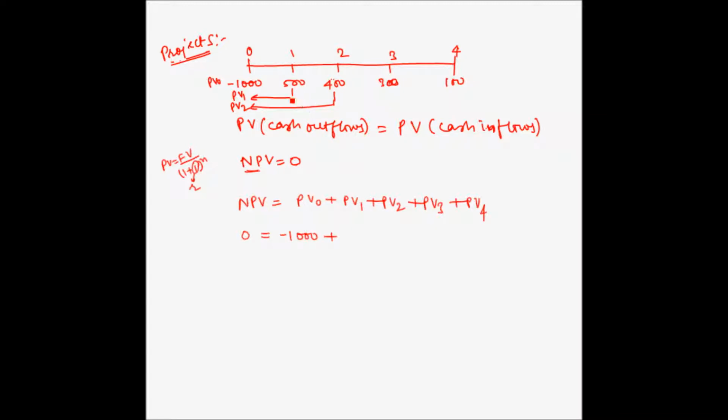Now 500 is being discounted for 1 year. So this becomes 500 divided by (1 plus R) to the power 1, plus for PV2, 400 divided by (1 plus R) square, plus 300 divided by (1 plus R) cube, plus 100 divided by (1 plus R) to the power 4.